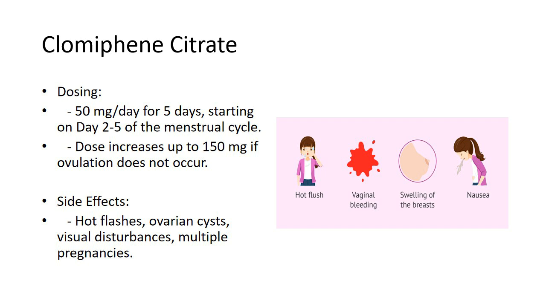Ovulation typically occurs 7 to 10 days after the last dose. Maximum recommended duration 3 to 6 cycles. Success rates: ovulation rate 70 to 80%. Pregnancy rate per cycle approximately 15 to 20%.